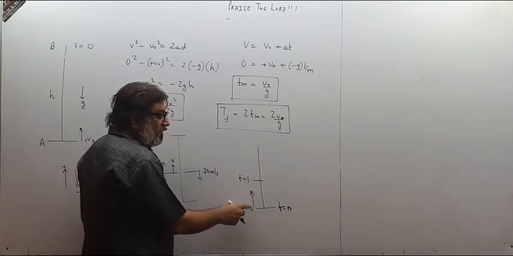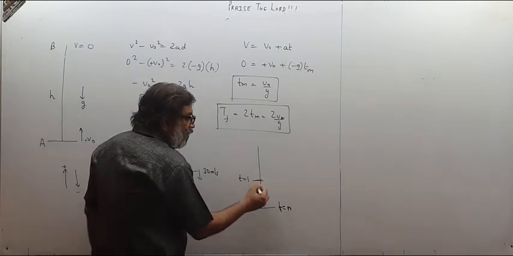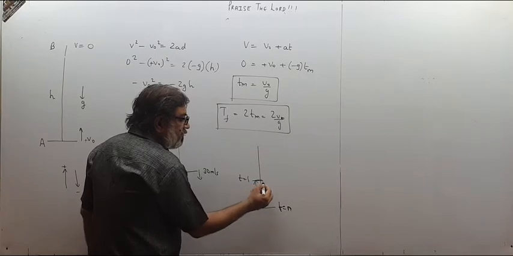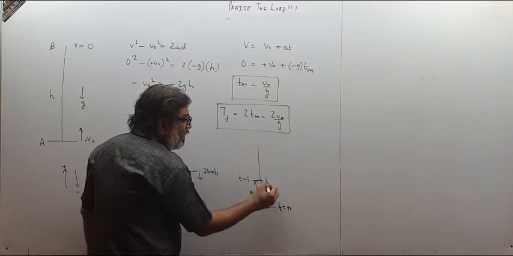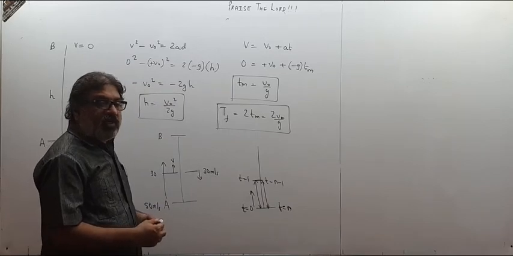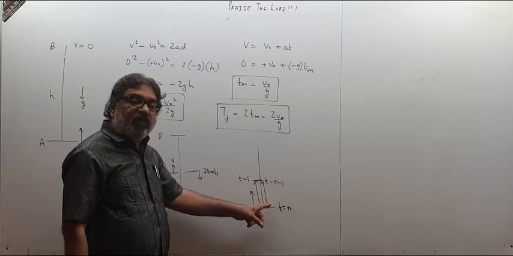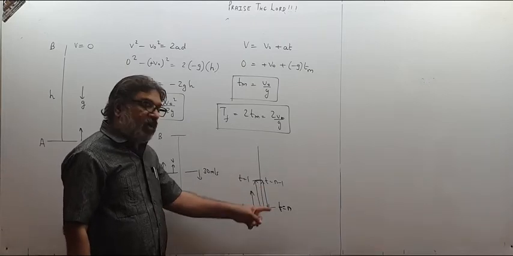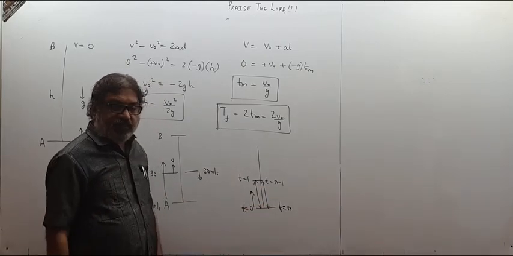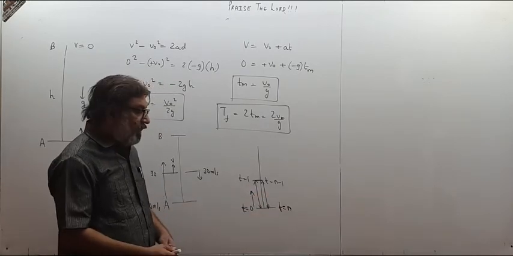While going, this much distance will be covered in the first second. So the same amount of distance will be covered in the last 1 second. This will be t equal to n minus 1. So whatever distance is covered in the first second while going up, the same amount of distance will be covered while coming down in the last second.